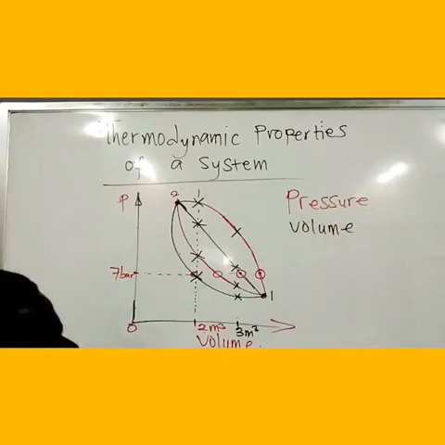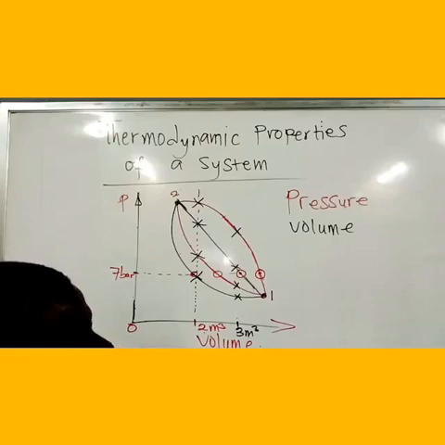Now, let's look at another property, temperature. If we heat a fluid, if we supply heat to a fluid, pressure changes, volume changes, and the temperature also changes. That means pressure rises, temperature rises, and the volume of the fluid also rises.